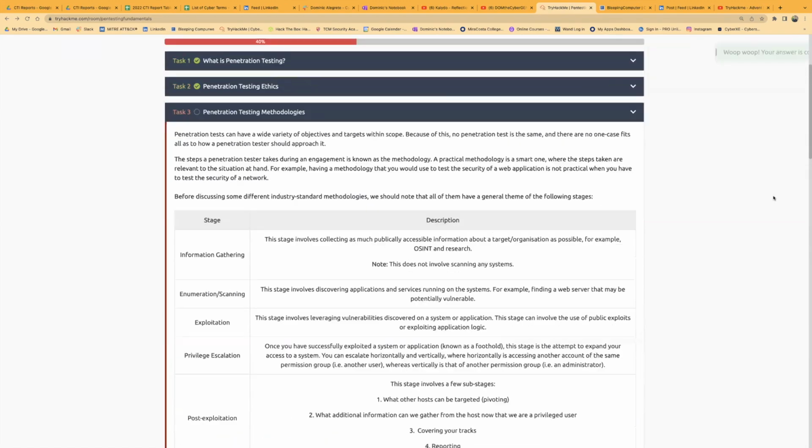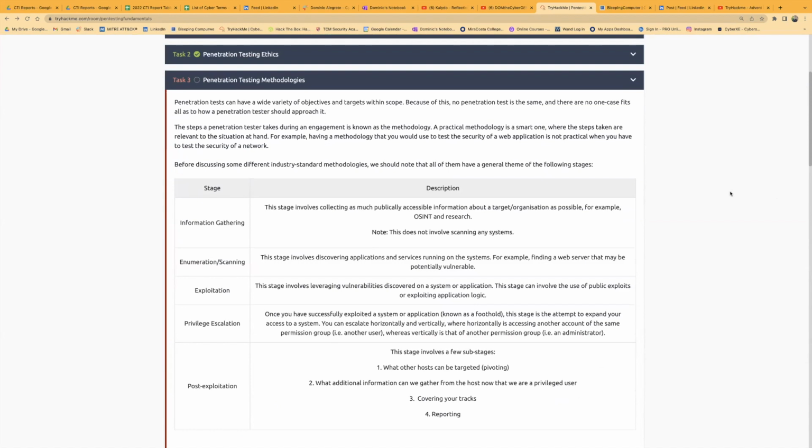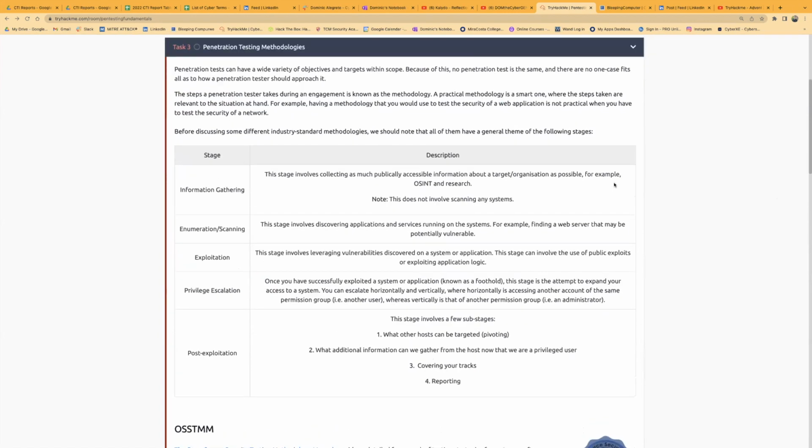All right, this one, not going to go through all of it, but this is kind of the methodologies, right? So this is going to be the steps of what the penetration tester is going to do. If you've seen the cyber kill chain before, it kind of uses some of those techniques and puts it into its own way, but shortens it down a little bit.